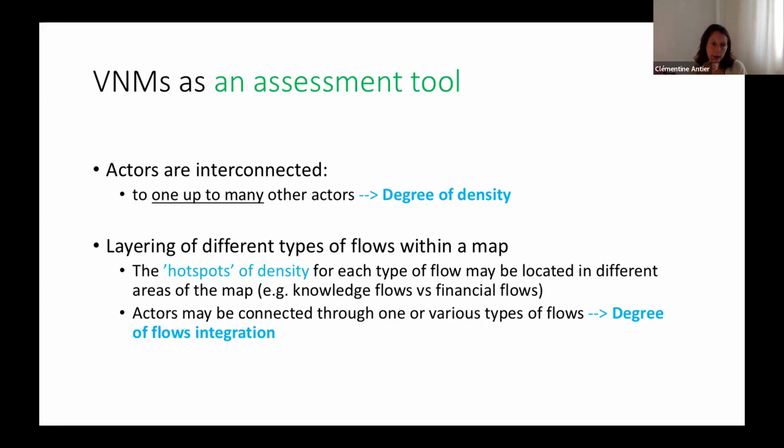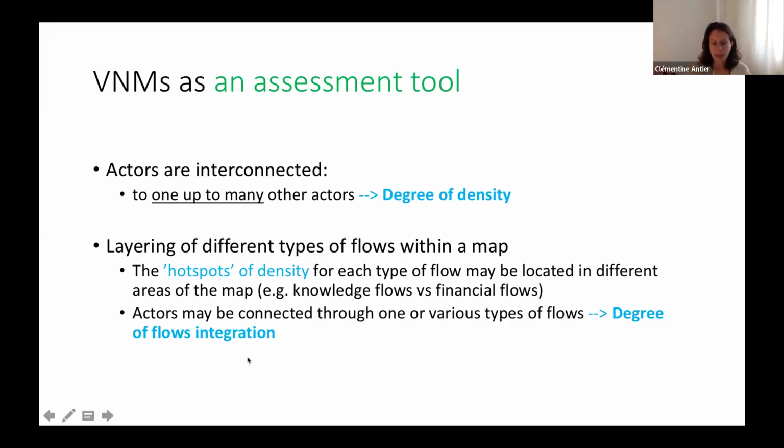So how much are actors interconnected? Is there only one arrow between each pair of actors? Or are there a lot of arrows? So we can observe the density of the map, and the density is different from one case study to another.